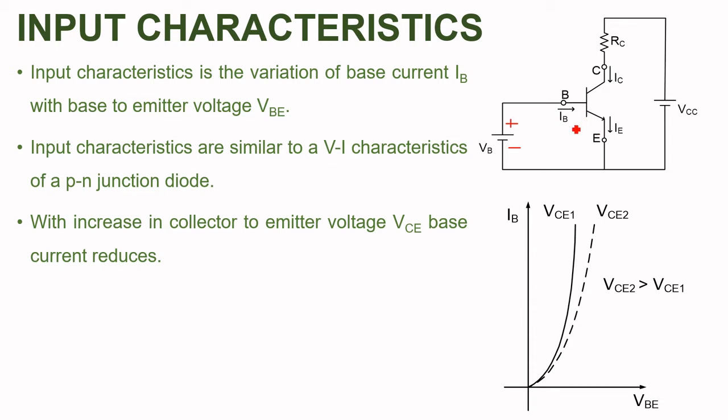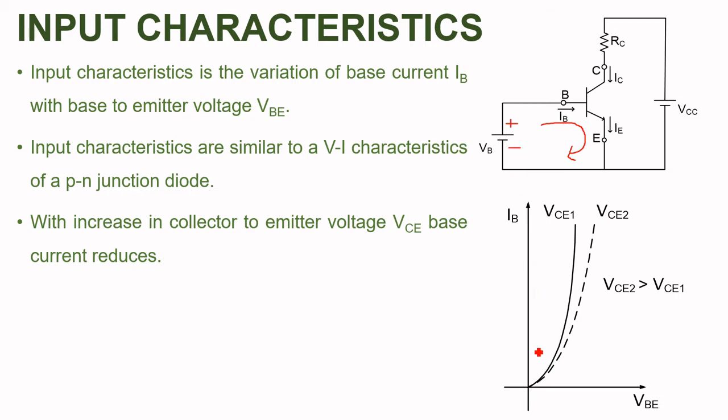If this PN junction becomes forward biased, then the base current will start flowing from base to emitter in this circuit. So the characteristics of this junction will be similar to that of a PN junction diode.